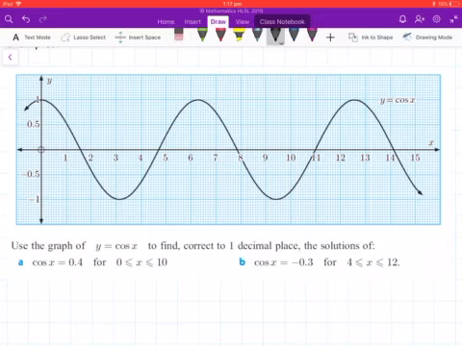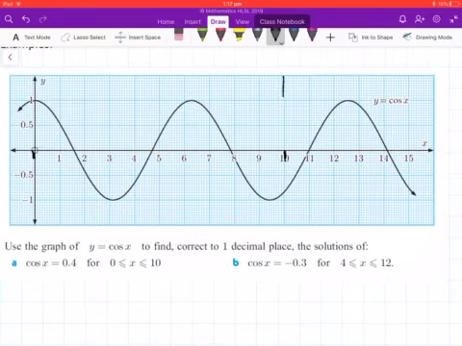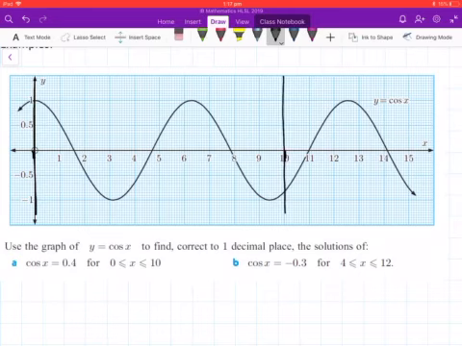So as I go along between 0 and 10, between here and here, you've got to draw a line there for this question. I'll do the next question in red. Between 0 and 10, when is cosine of x equal to 0.4?